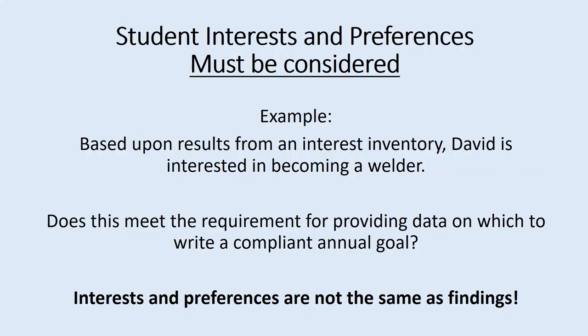So we've got to look beyond just the academics, and again, especially in this credentials area, because of the work site situations you're going to be sending those students into. They're going to have skills they need that are academic, but they're also going to be specific functional skills and work-related skills. So please don't just limit yourself or limit the student to one particular area when you're looking at the actual needs of the student.